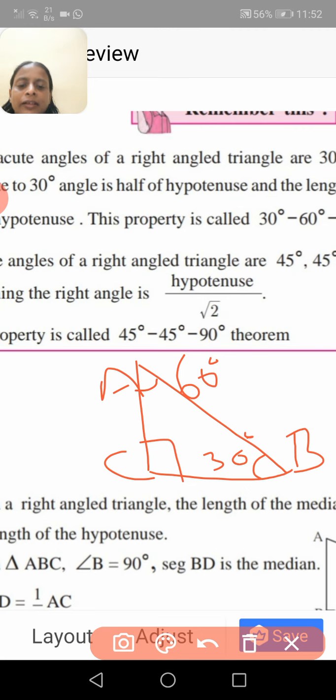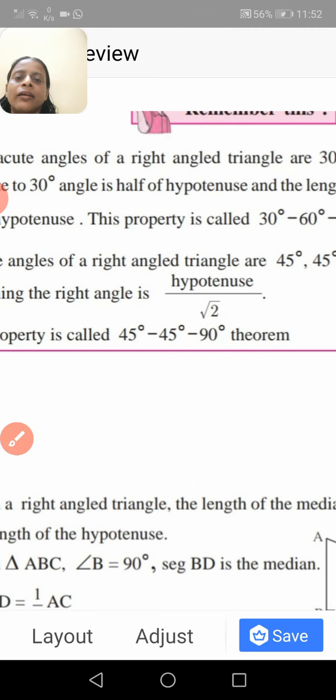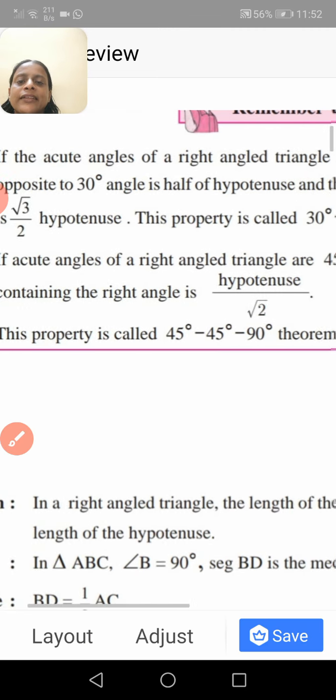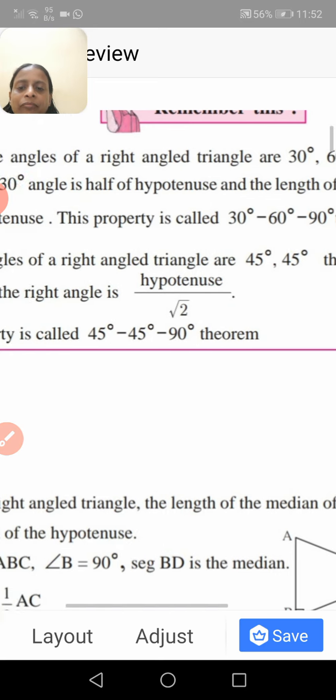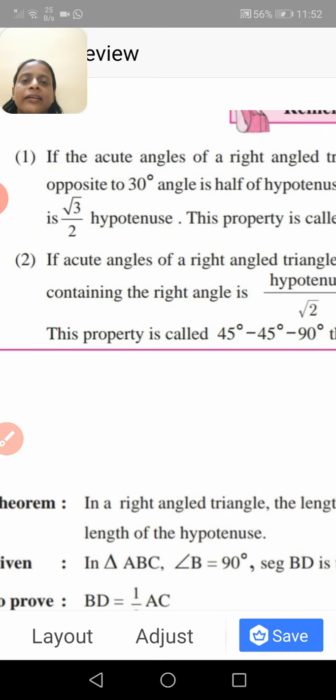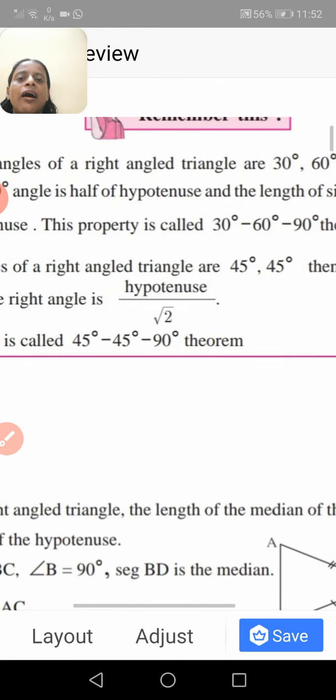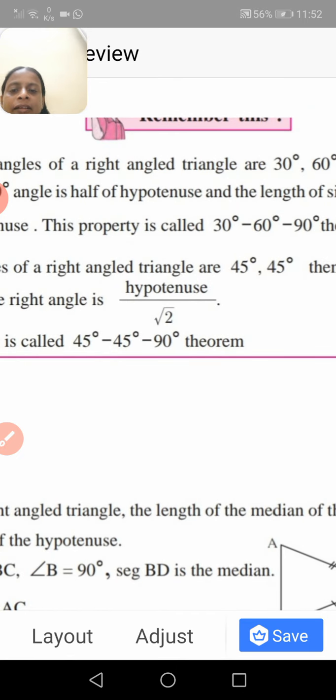Then here 30, 60, 90 degree theorem says that in a triangle the side opposite to 30 degree is half the hypotenuse. Here again I am drawing the figure.